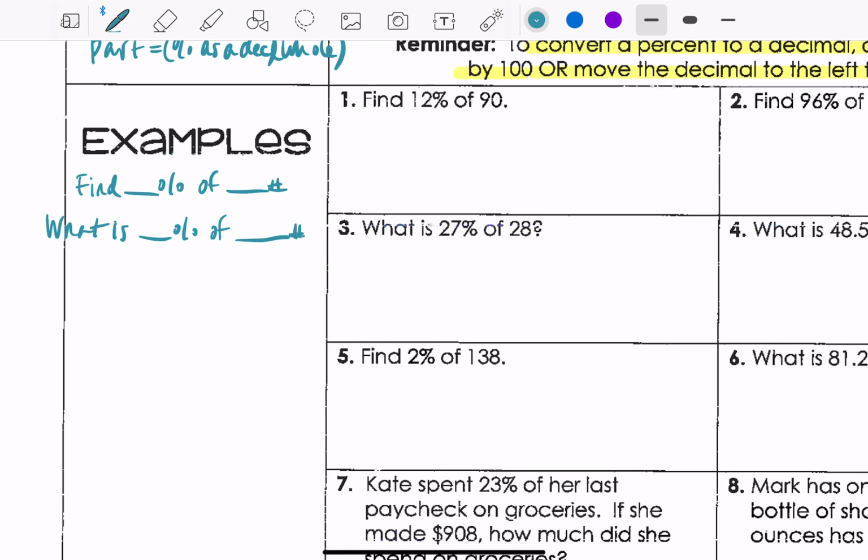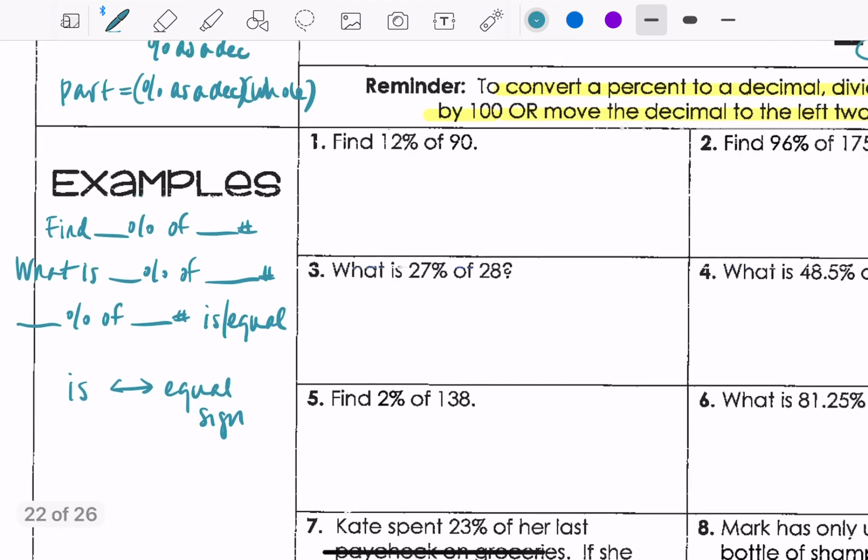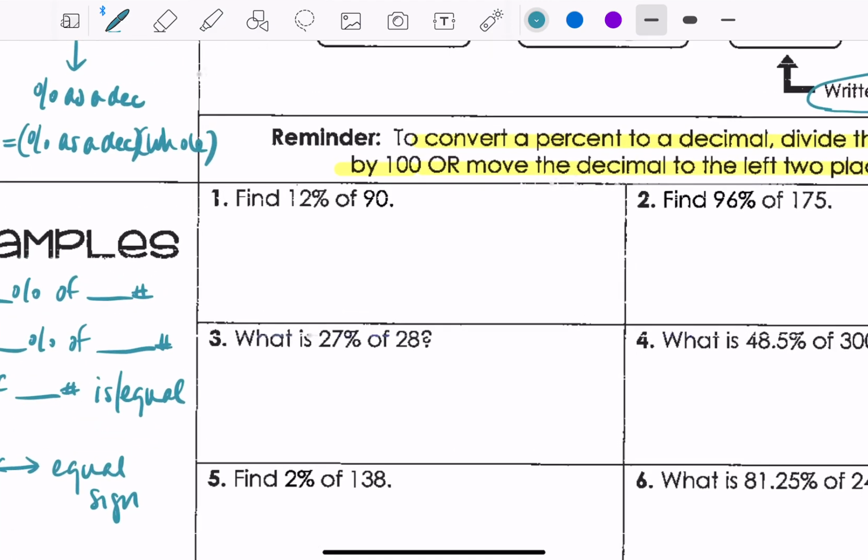And then another way you might see it, maybe not here but other places, is they might say what percent of some number is or equal. And just so you're aware, the word is the same thing as an equal sign. You can read it as is. So let's go through and work on these problems together.